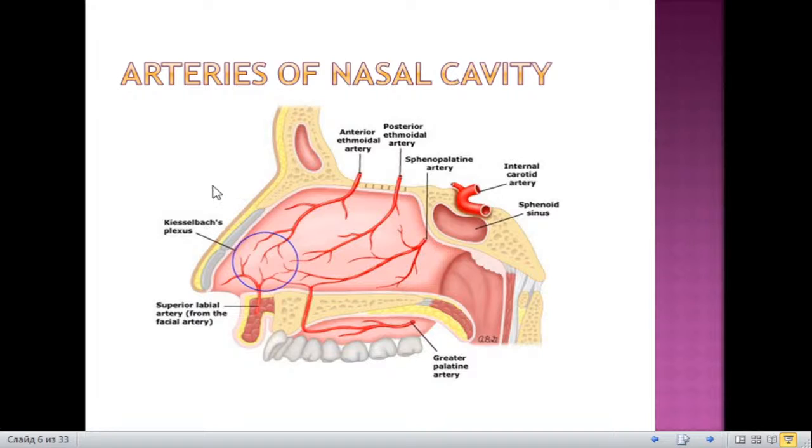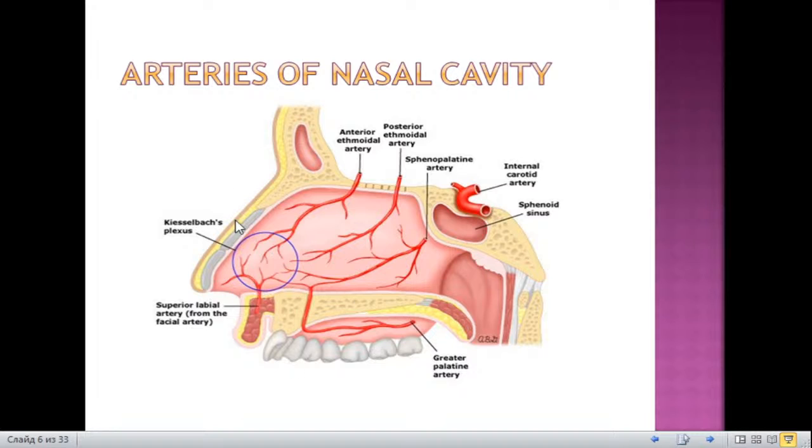And at the level of the external nose, you remember this part of the cavity of the external nose is called the vestibule of the nasal cavity. To the vestibule of the nasal cavity, blood goes with the help of the superior labial artery, that's a branch of the facial artery. But you remember that the facial artery, like other arteries, is a branch of the external carotid artery.